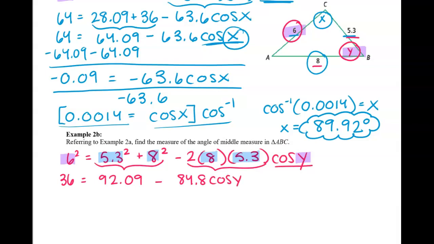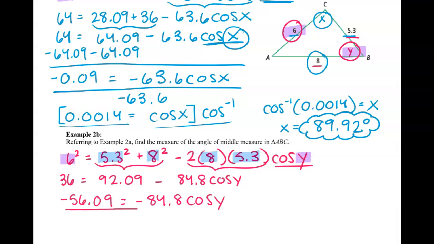If we subtract 92.09 from both sides, well, 36 minus 92.09 is negative 56.09, and that will be equal to negative 84.8 cosine of y.